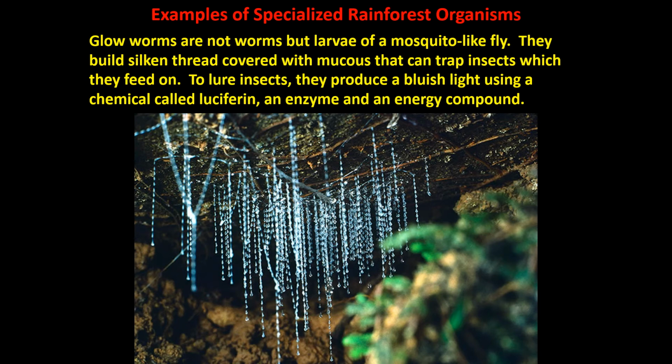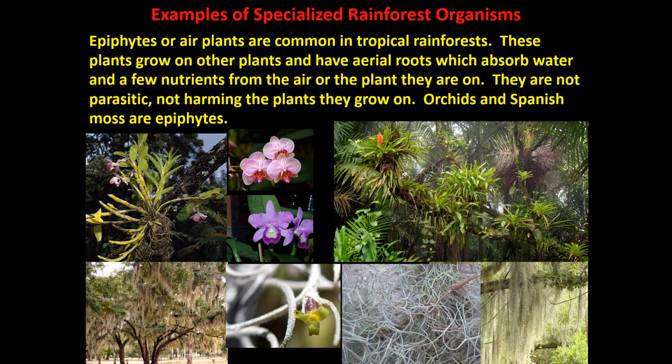To lure insects, they produce a bluish light using a chemical called luciferin, an enzyme, and an energy compound. This is another beautiful example of specialized rainforest organisms.